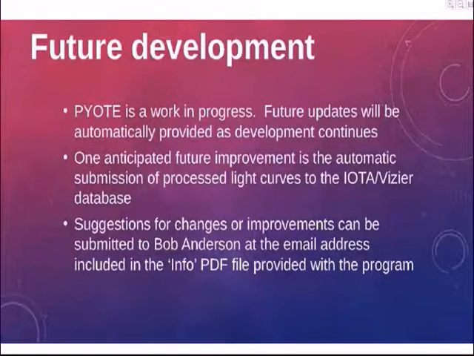Once you get a finished light curve, the idea is to output that to the IOTA Viser database, like Dave Harold is currently doing with IOTA. That's what we're planning to work on. And as you use PYOTE, if you have any suggestions for changes or improvements, you can submit those to Bob Anderson at his email address, which is included in a little PDF pop-up that he provides on an info button. Next slide.